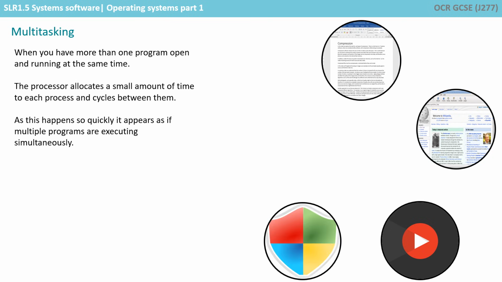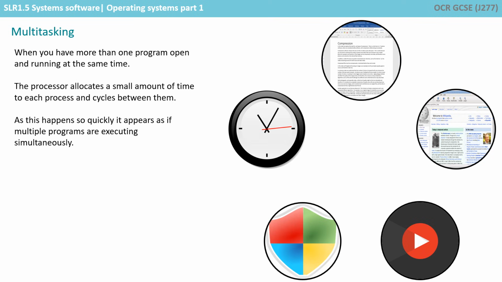You might well also have antivirus software that's preventing viruses from coming down from the internet and infecting your computer. The clock is also updating in the corner of your screen, and the operating system itself is engaging in a number of maintenance tasks in the background as you're using the computer.